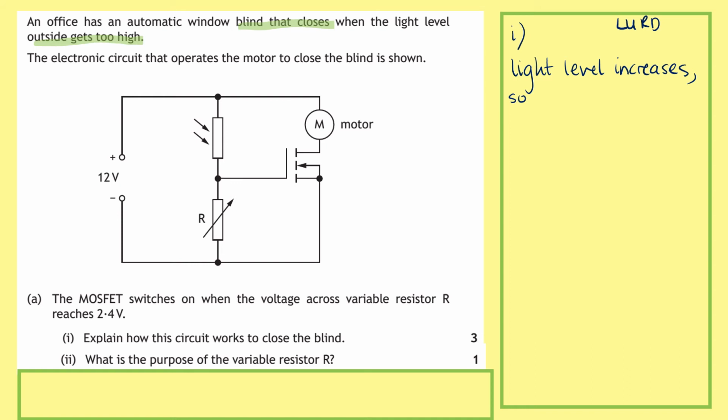We need to say that's on the LDR. So if the resistance of the LDR decreases, the voltage of the LDR is also going to decrease. A low resistance requires a low voltage.